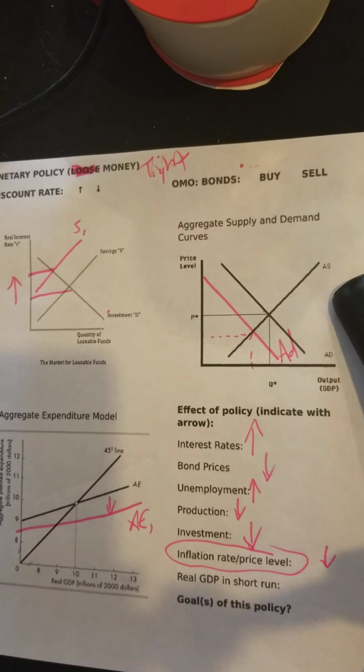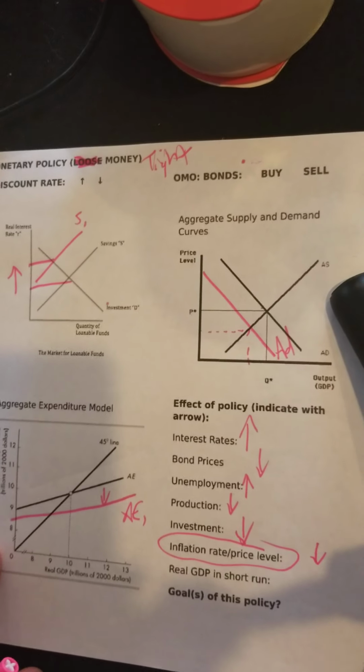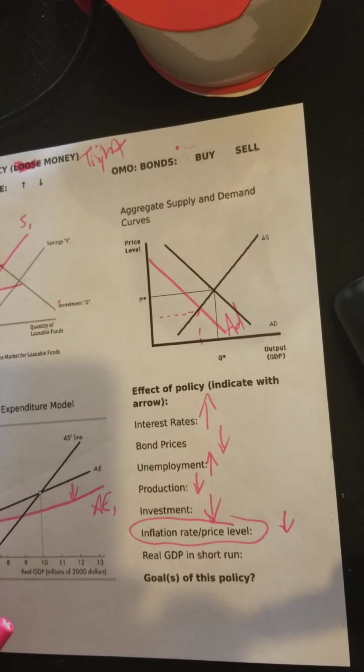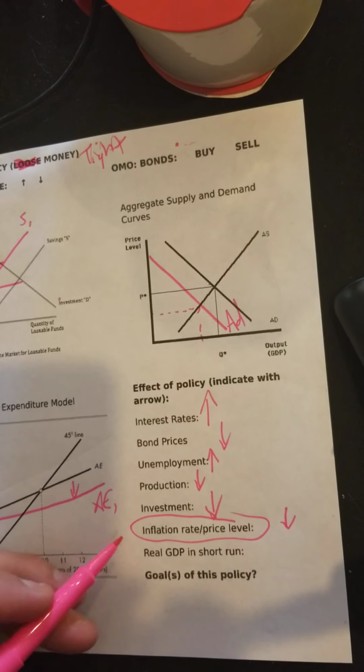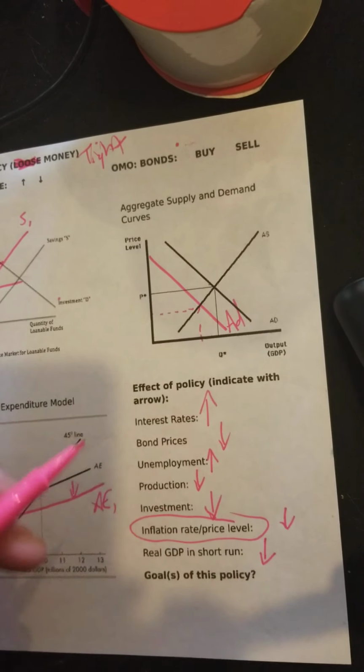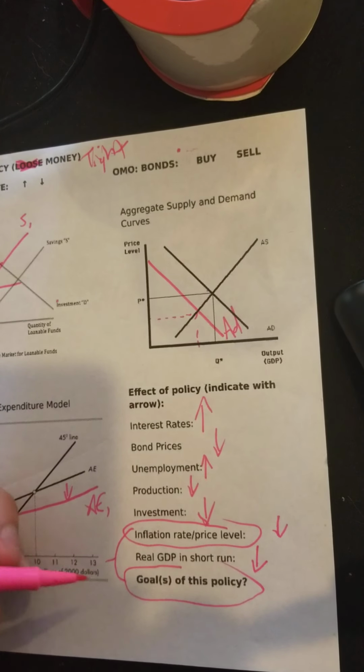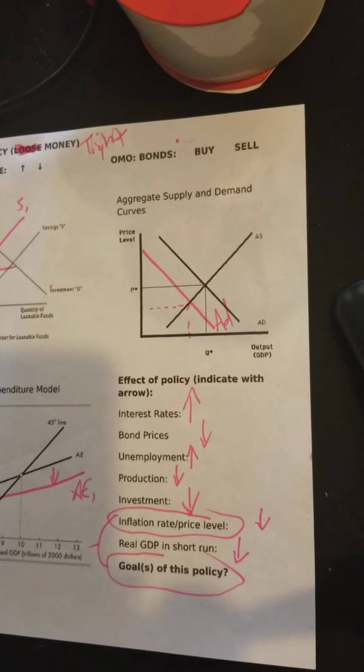Maybe the rate of inflation was up at like 8, 9, 10, 15, goodness gracious, hopefully not more percent. And maybe deflation didn't happen, but maybe the rate of inflation got back down to 2% where they wanted it. And real GDP is going to go down. And of course, the goal of the policy here is to get inflation in check.